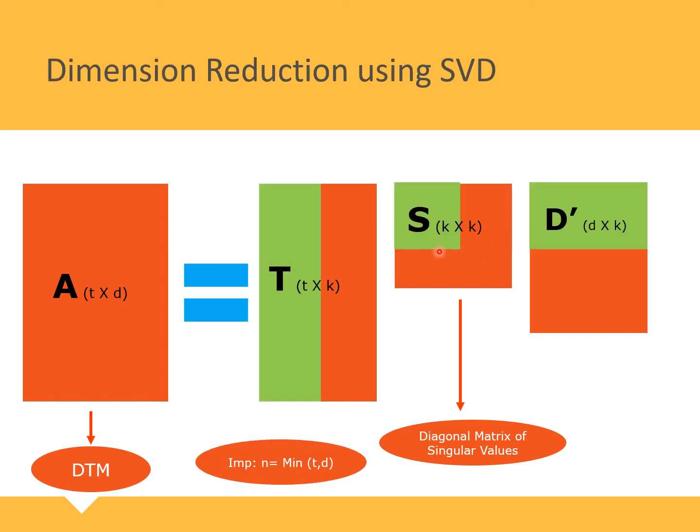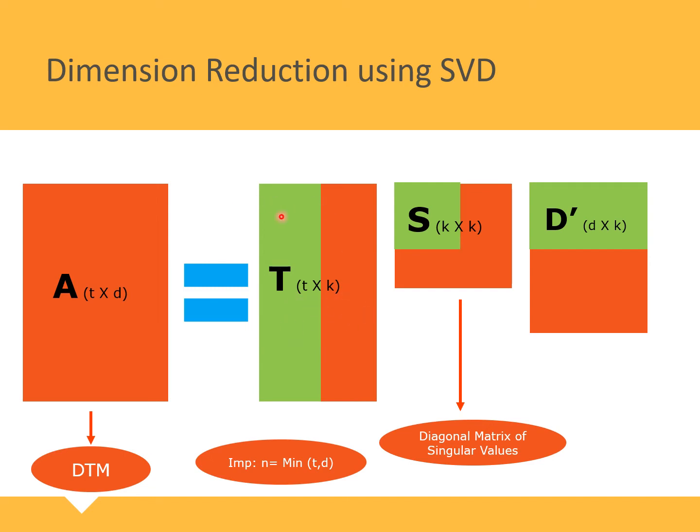So this is how it will look, right? If you focus on the green part out here, the green part is the leftover part. If I take the top k highest singular values, then the matrix of terms becomes a t cross k matrix.